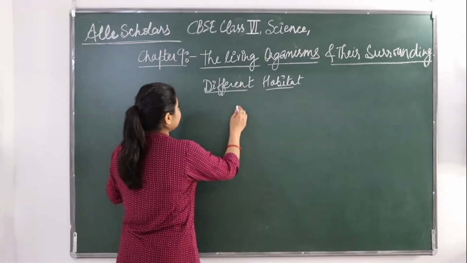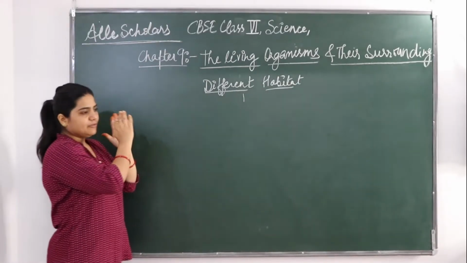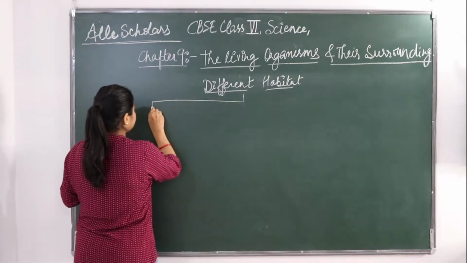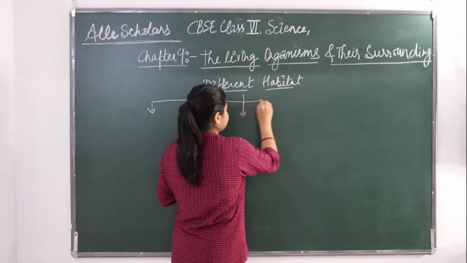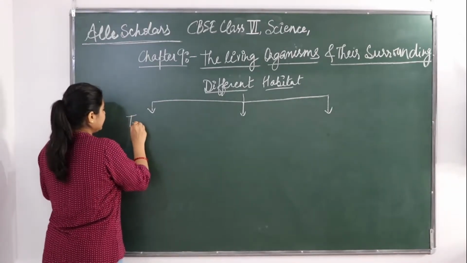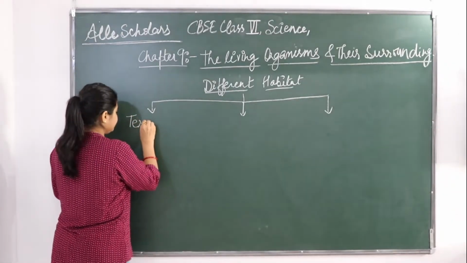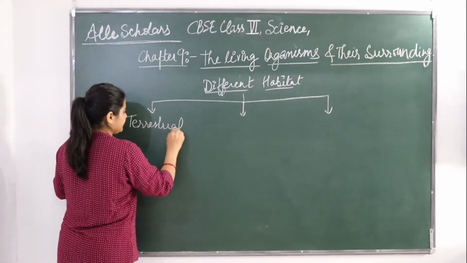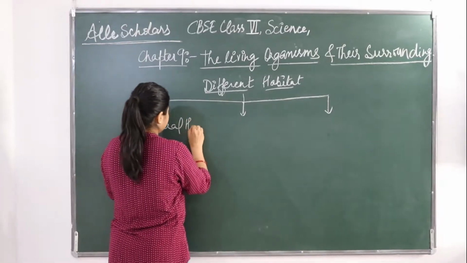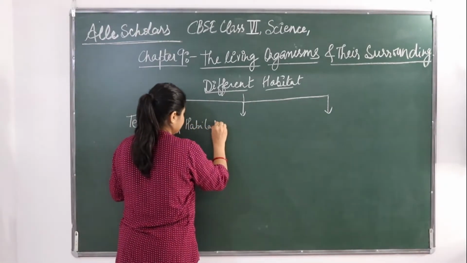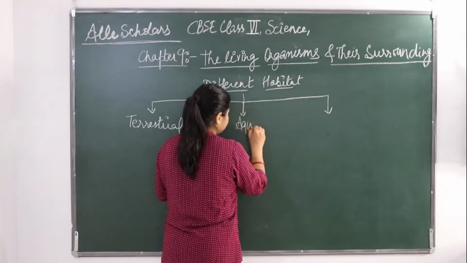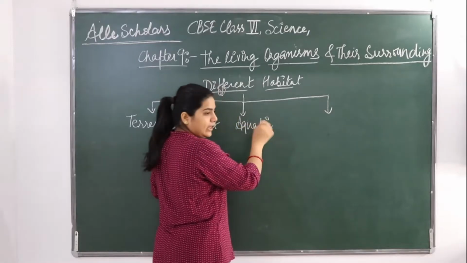If we divide habitat, we can divide it into 3 main categories. The first is the terrestrial habitat. The second is the aquatic habitat.